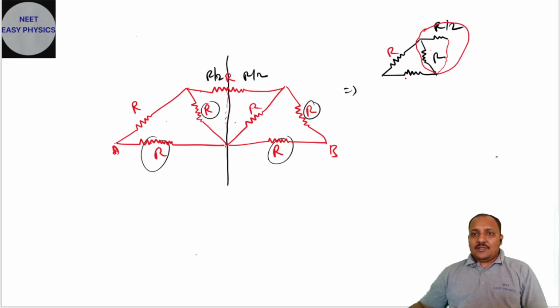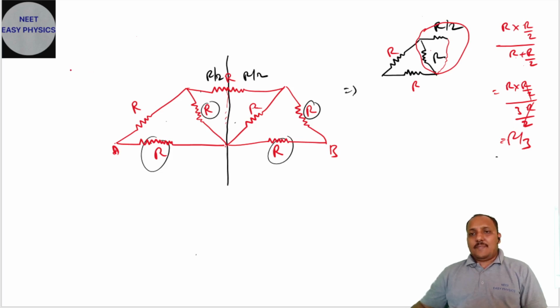R and R by 2 are connected in parallel. Then what is the effective resistance? R into R by 2 by R plus R by 2, that is R into R by 2 by 3R by 2. Correct? So then what will come finally? R by 2 will be cancelled. Then R by 3.